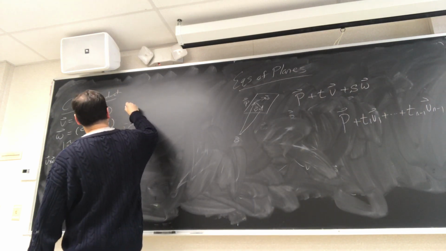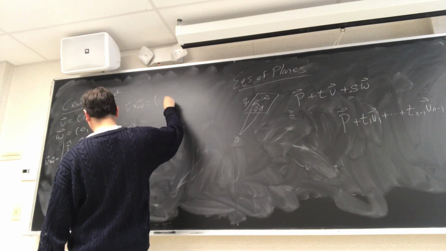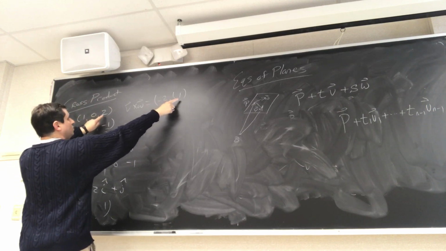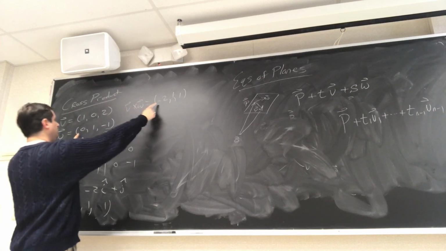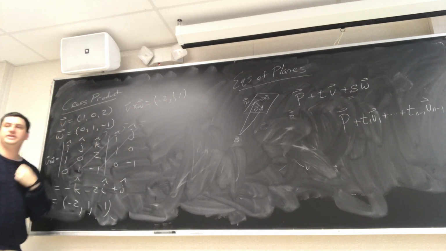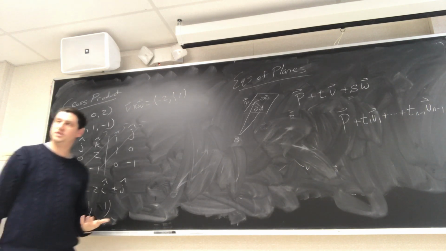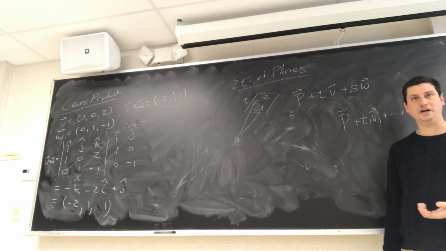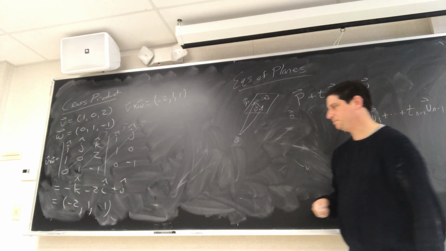So v cross w, we claim, is -2, 1, 1. -2, 0, +2, good. That dot product is 0. 0, 1, -1, good. That dot product is 0. So we can at least check the work and see if the answer is reasonable. It's not a proof that we're correct, but you should always check whatever math you can.